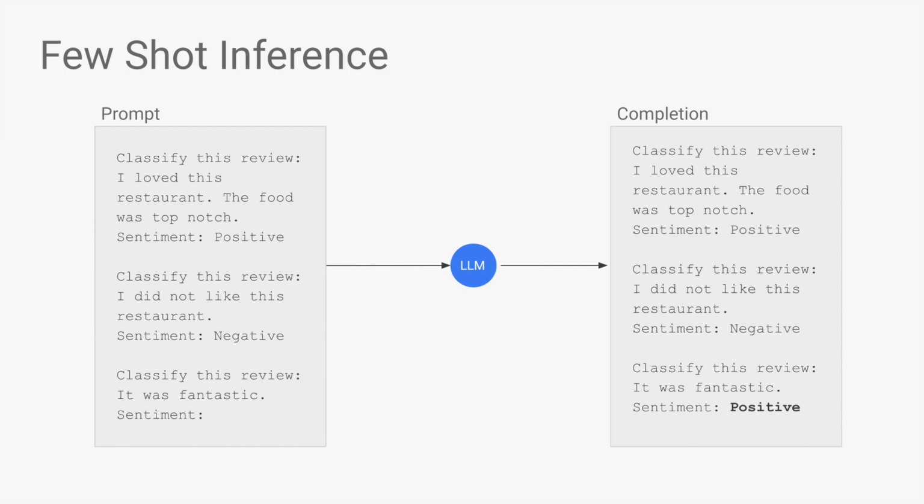Utilizing a mix of examples with different output classes aids the model in comprehending its task. The new prompts are presented to the model, which now comprehends the instruction and produces a completion, accurately identifying the review's positive sentiment. In summary, prompt engineering can guide the model's learning through examples.